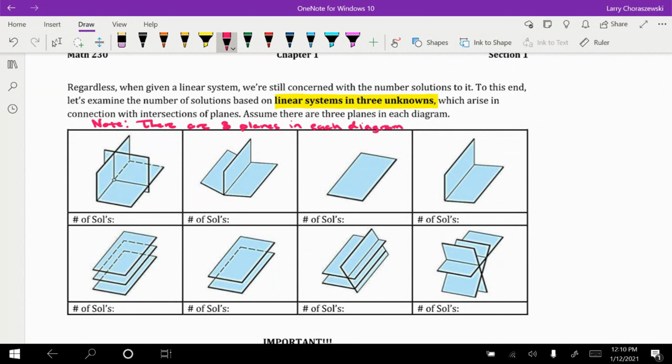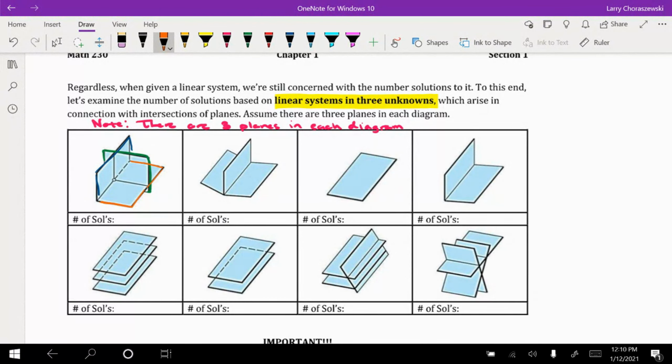So starting with the first box of the top row, we've got 3 planes. We've got this one right here. We've got one kind of coming out of the page. And then we've got this one right here. And do you think there's a point of intersection?